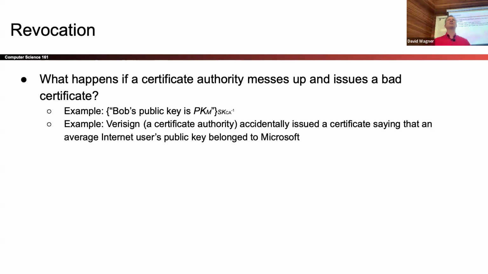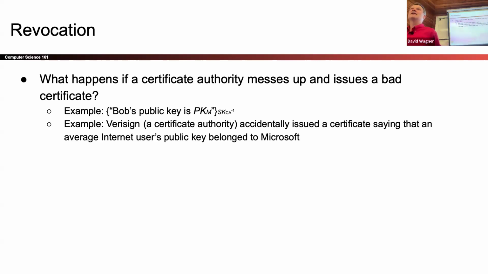It wasn't actually Microsoft's public key. It was some random person on the internet who contacted them and claimed to be Microsoft, but they weren't actually Microsoft. That was really bad because then they could send software updates and code to anyone running Microsoft Windows and it would be accepted. So that was not good.